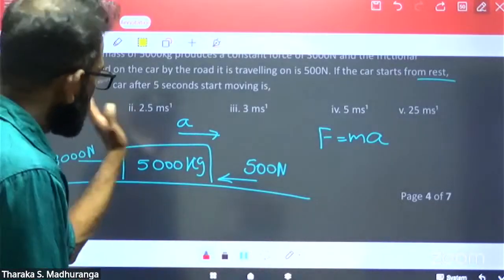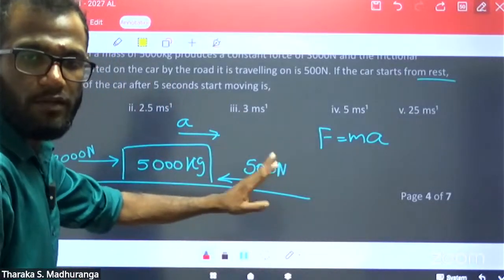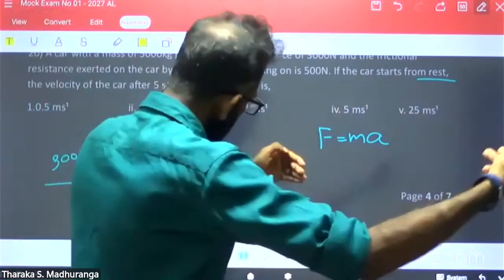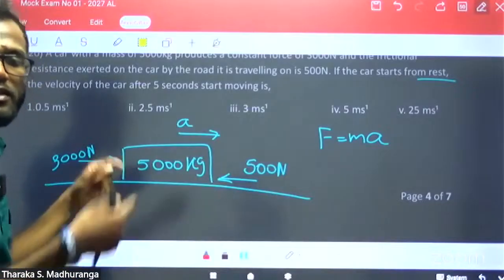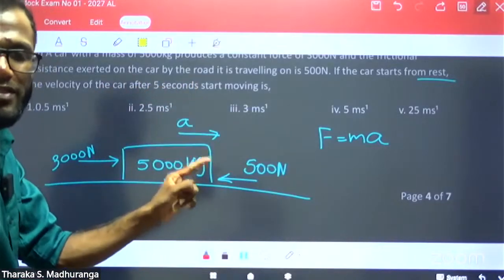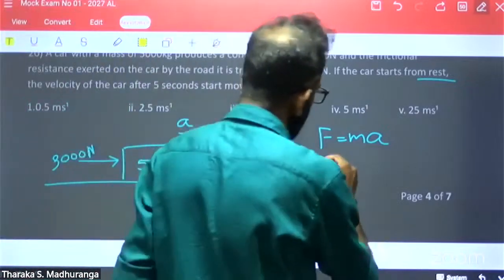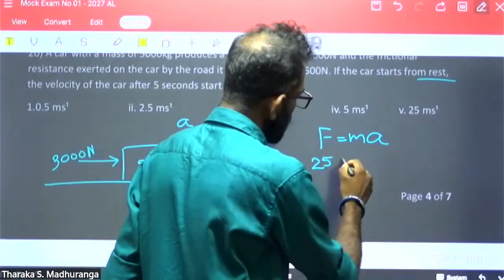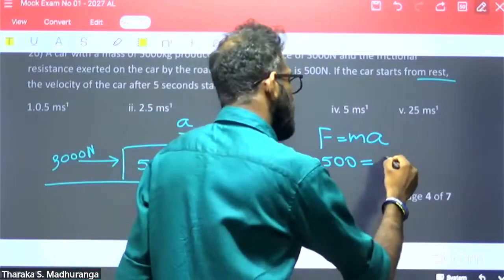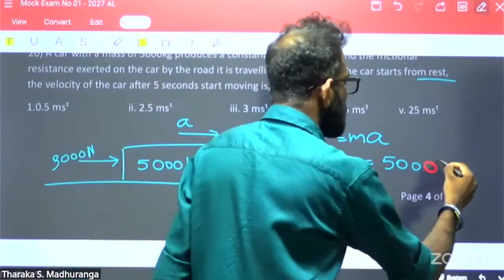Very good. It is not 3,000 or 500. In this direction 3,000, in the opposite direction 500. Then the F is the unbalanced or resultant force. The F value is 2,500. So 2,500 equals 5,000 times a.